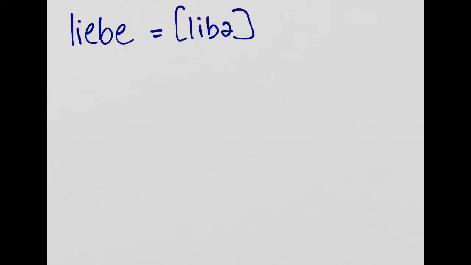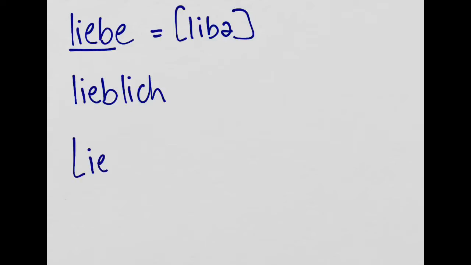Now, the issue is sometimes we will see this root, L-I-E-B, inserted into other words with suffixes. So words like lieblich and liebchen. These suffixes change the meaning of it. Lich means like, so we get love like, or essentially the word lovely.